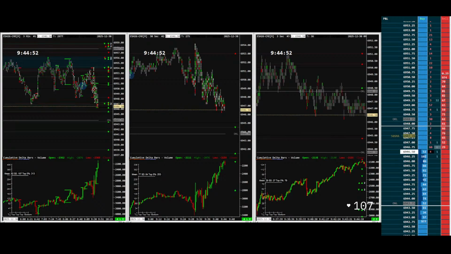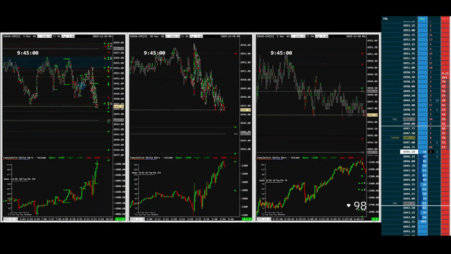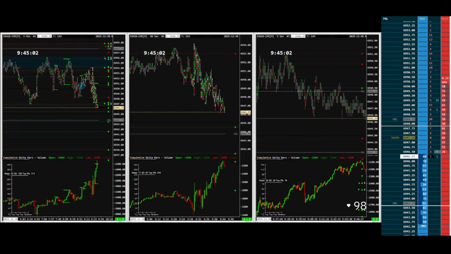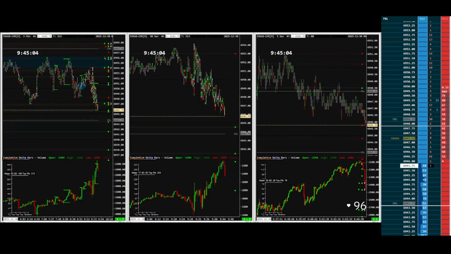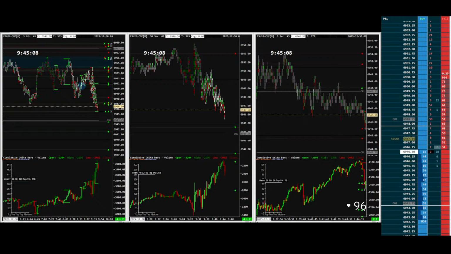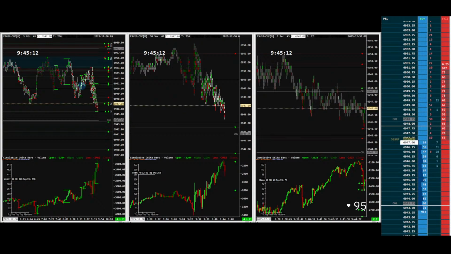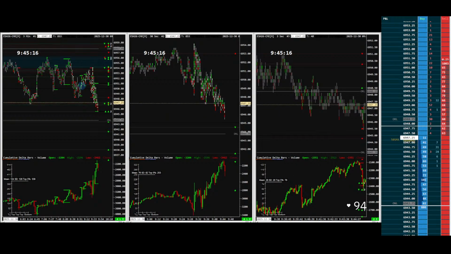So it's needling away at this. Bit of a shimmy back, but it's so shallow. I would not want to short it here.